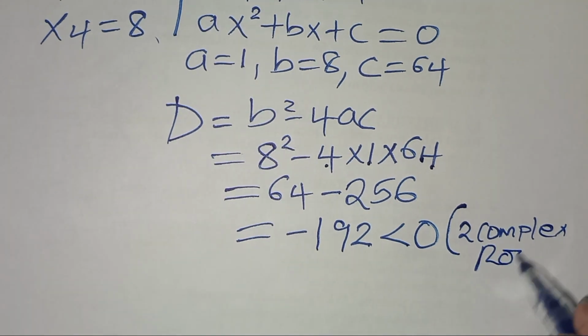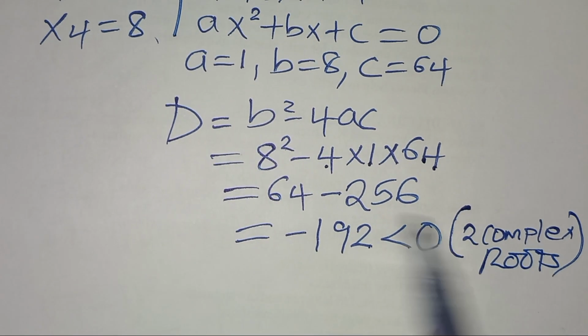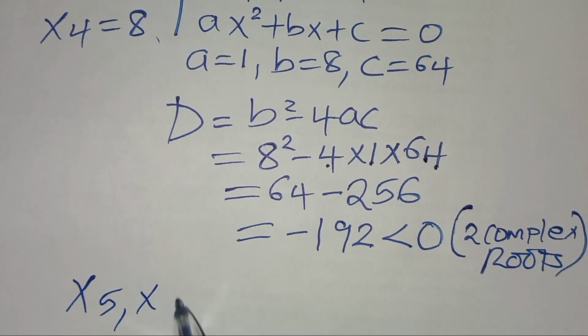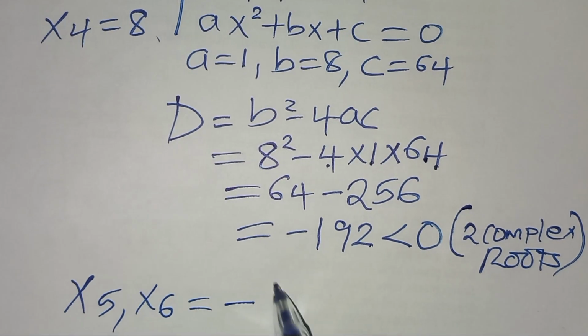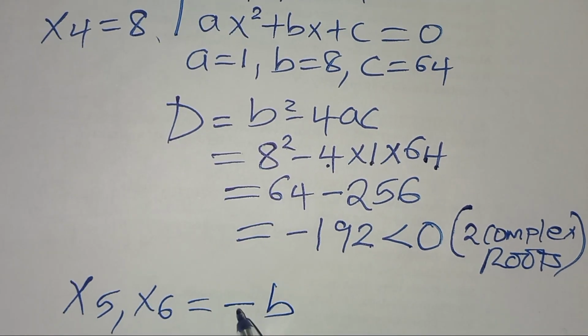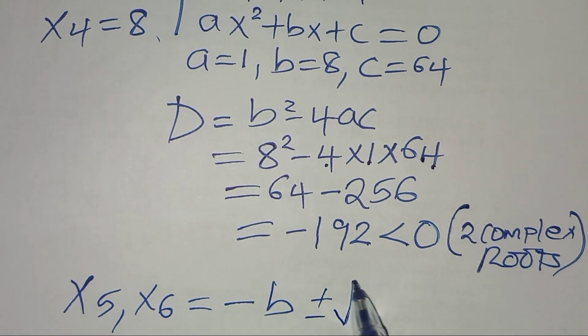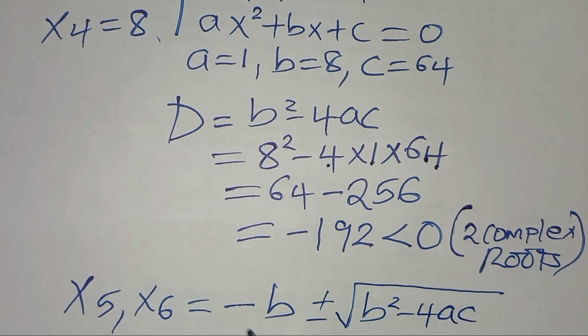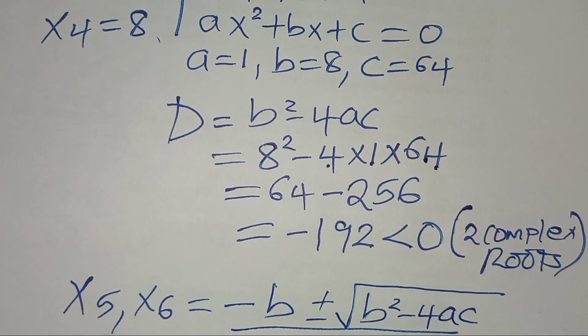So that implies that we have two complex roots here, which we can solve by applying the quadratic formula. That is x5, x6. This can be solved by applying this quadratic formula, negative b plus or minus the square root of b squared minus 4ac, all this divided by 2a.